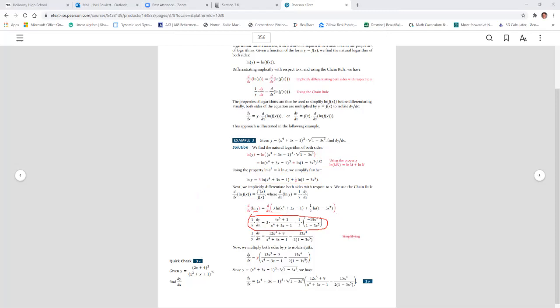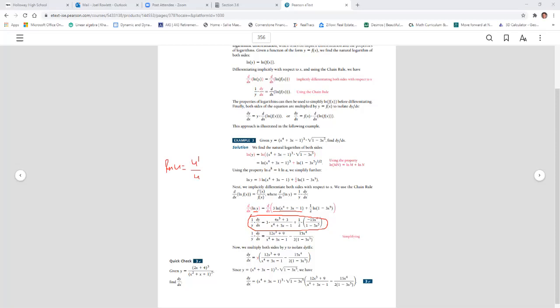And then they take the derivative of all of these. So how did they get 4x cubed plus 3 over x to the power of 4 plus 3x minus 1? Well, remember, the derivative of the natural log of u is du over u.